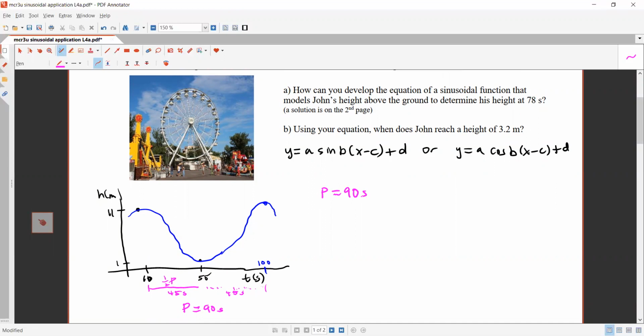Now, what else do we need? A lot of you remember we need to find its amplitude, and we need to find the equation of the axis. We'll use D. You can also use EOA. And we have to comprehend if there's any phase shift.